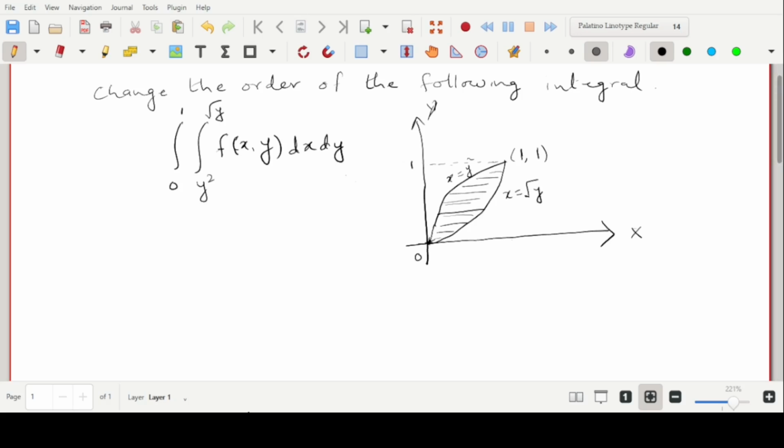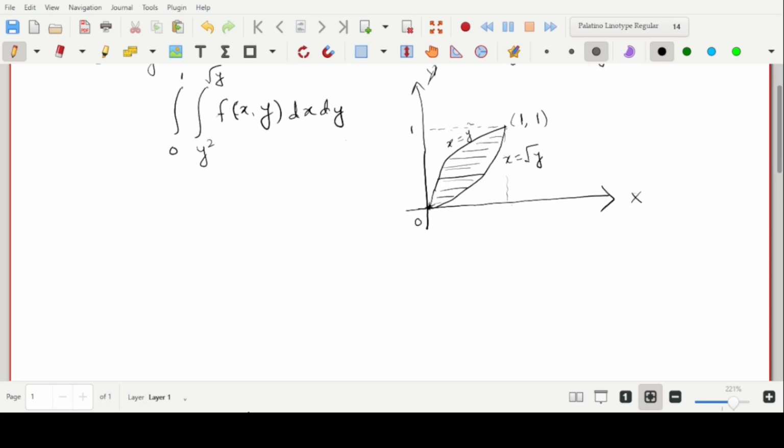That means here, as you can see, x also varies from 0 to 1, and then accordingly we shall see for every value of x, what are the values of y between which y varies, right? So for that, let us rewrite these equations.